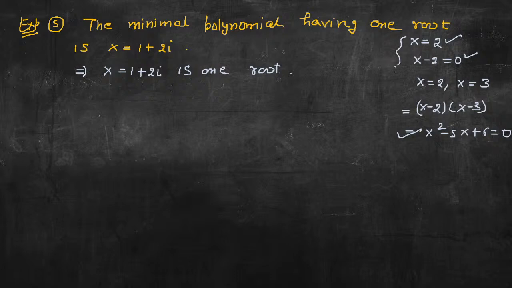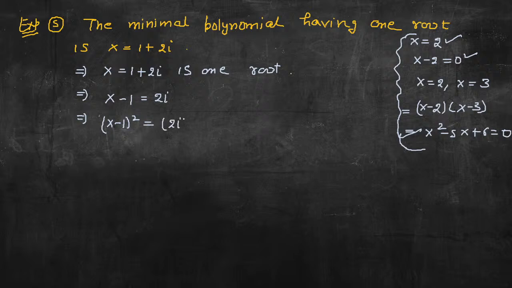Similarly, if one root of the equation is given, then you have to find the equation. So what can we do? Simple: x minus 1 is equal to 2 iota. Square both sides.